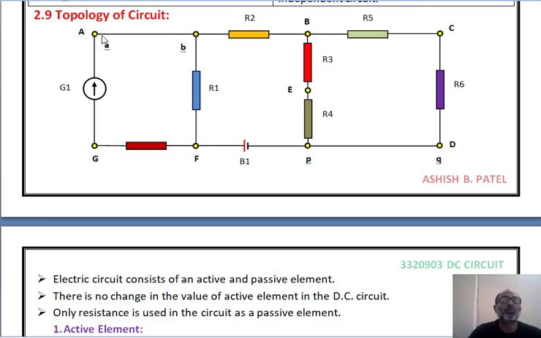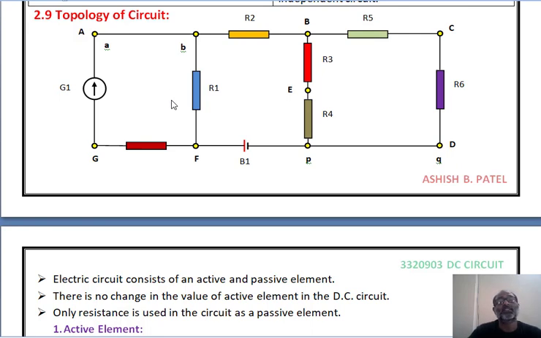The current is flowing from A to B to F to G to A. Similarly, ABEDFGA is also another loop, and A, B, C, D, F, G, A is also another loop. So here there are 3 loops in this given network.